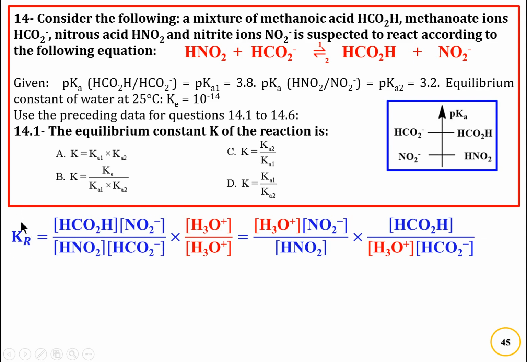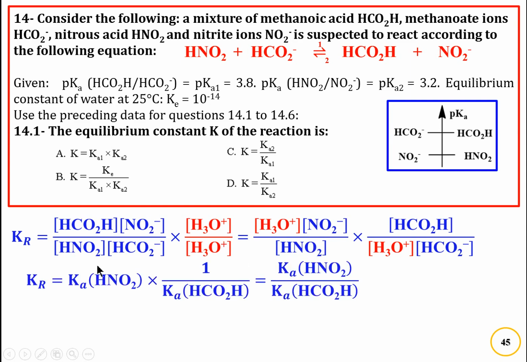We have to express Kr as a function of K of the couples. We multiply by H3O plus. So H3O plus times NO2 minus divided by HNO2, times HCOOH divided by HCO2 minus times H3O plus concentration.